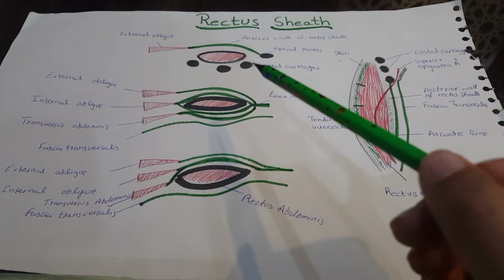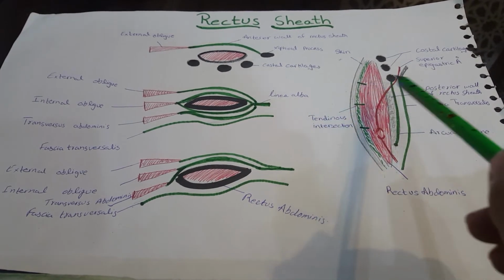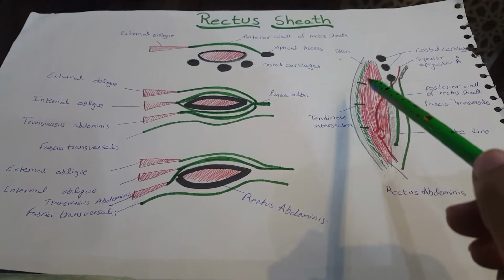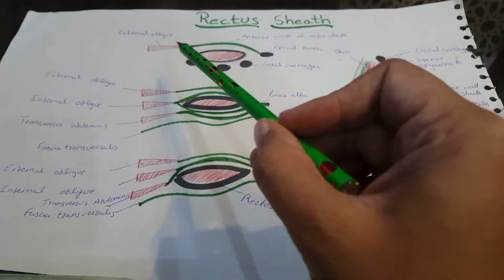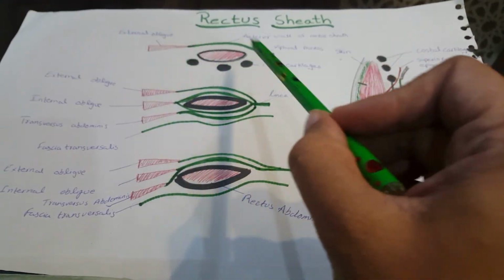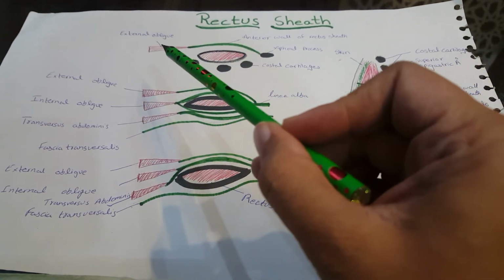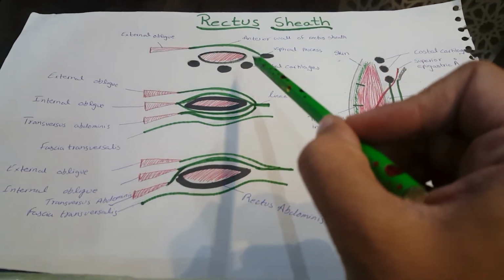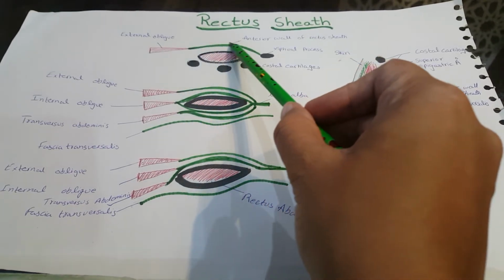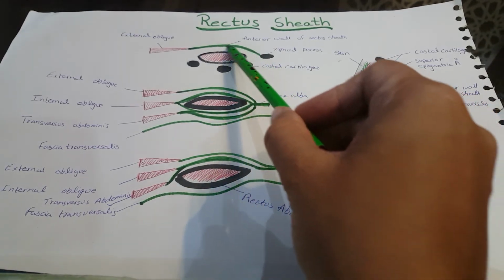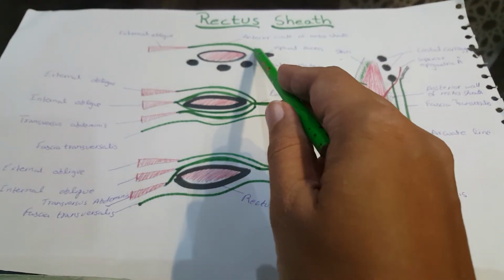Let us discuss the formation of rectus sheet above the level of the costal margin. As you know, it has anterior wall and posterior wall. So anterior wall of the rectus sheet is formed by external oblique aponeurosis. As you can see in the diagram, I have drawn rectus abdominis muscle. This is the anterior wall of the rectus sheet, which is formed by the aponeurosis of the external oblique muscle.